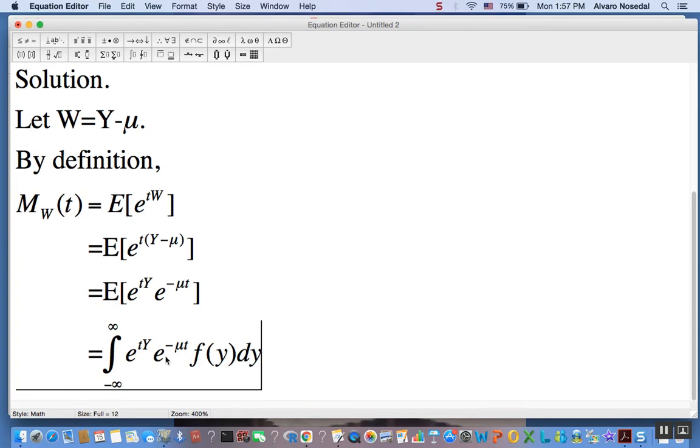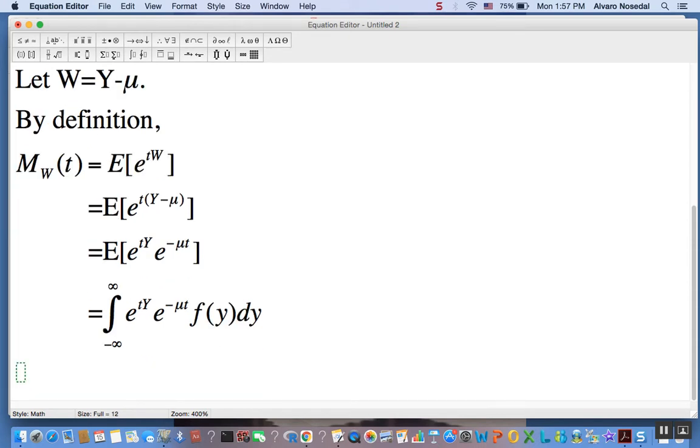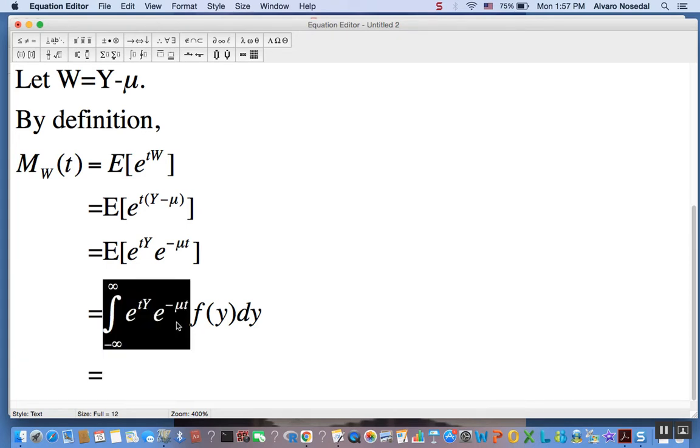Agreed? Right? The expected value of that transformation is just that transformation times the PDF. Okay? Now, note that we are integrating with respect to y, so e to the negative mu t is just a constant with respect to y. So by the linearity of integrals, we get to factor that out. We do that next.